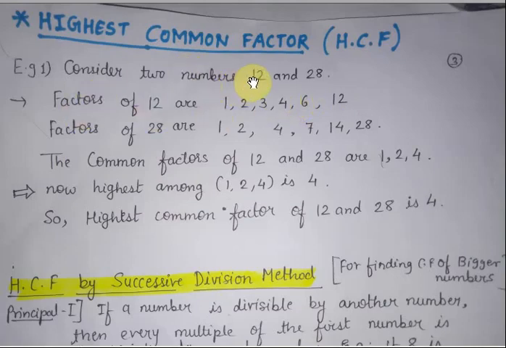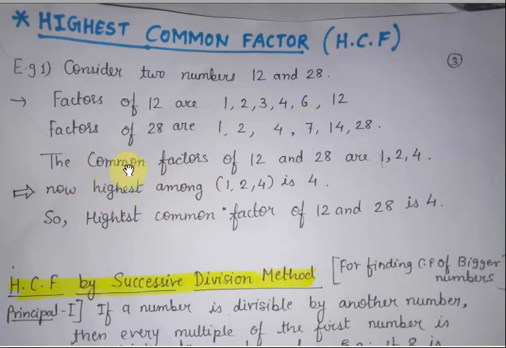Consider two numbers 12 and 28. The factors of 12 are 1, 2, 3, 4, 6 and 12. The factors of 28 are 1, 2, 4, 7, 14, 28. Now what is our next step?